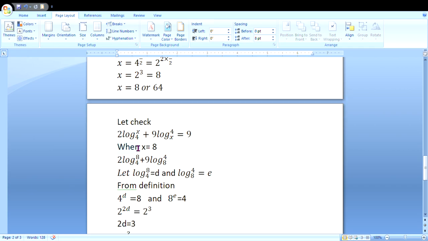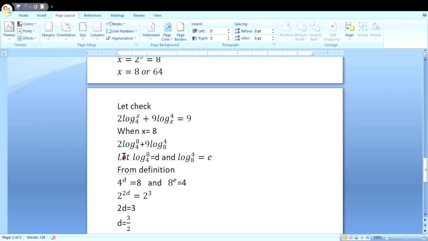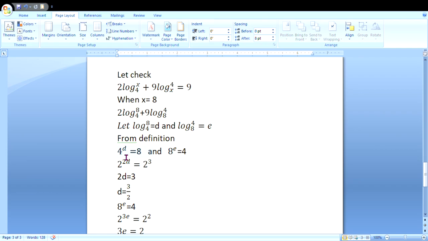Let's check: 2 log x base 4 plus 9 log 4 base x, when x is 8. When x is 8, this whole expression is 2 log 8 base 4 plus 9 log 4 base 8. So here, if we assume that log 8 base 4 is equal to d, and log 4 base 8 is equal to e, from the definition, 4 raised to the power d is equal to 8, and 8 raised to the power e is equal to 4.